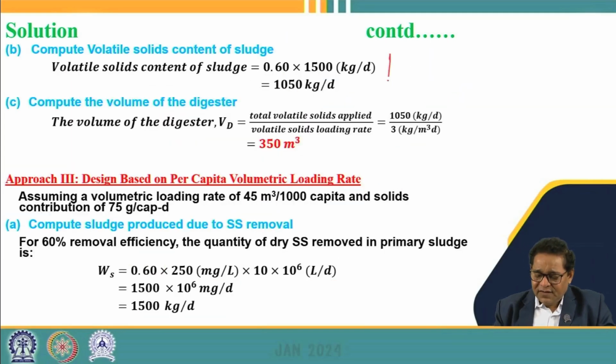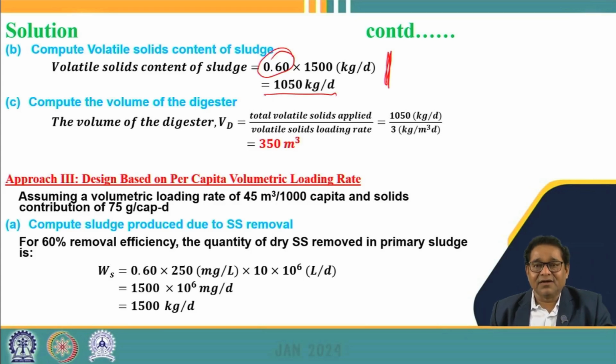In this, 60% of the total solids are volatile in nature, so by multiplying by 0.6 we get the total amount of volatile solids in the sludge, which is equal to 1050 kg per day. Now to find the volume of the sludge using the volumetric loading rate, we use this formula: the total volatile solids applied divided by the volatile solid loading rate.